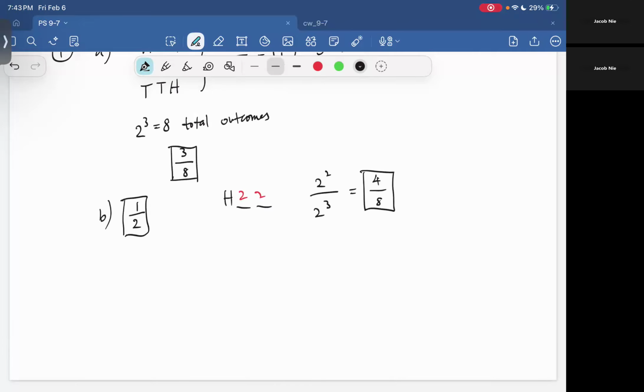Part C, what is the probability of getting at least 2 heads? That is going to be the probability of getting 2 heads plus the probability of getting 3 heads. So probability of 2 heads, you will find that to be equal to 3/8. Do the math.